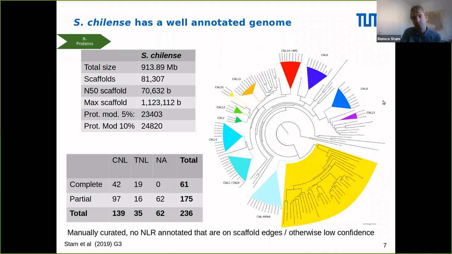And we have this group here that functions on their own or as homodimers. So we have all of them, and the numbers seem to match. We found 236, and in Solanum pennellii, you find 216, and in some other species, you find about 250. So we're pretty sure we have a good reference with good annotations here.